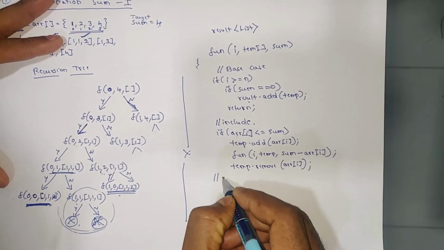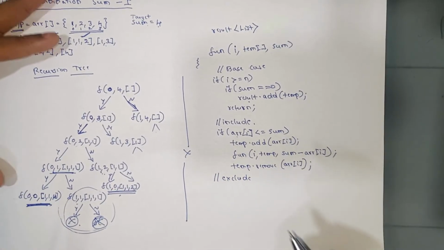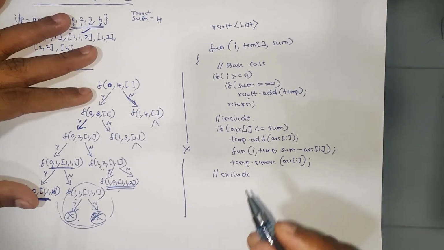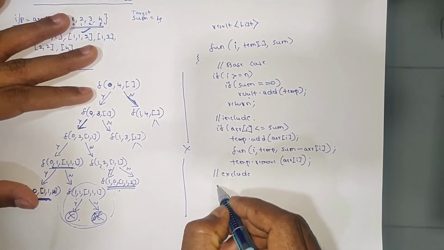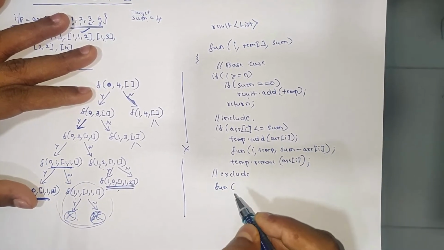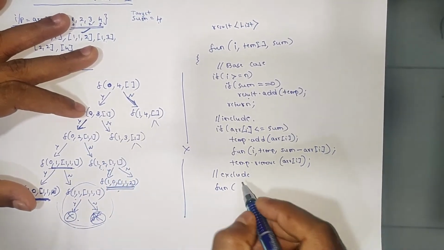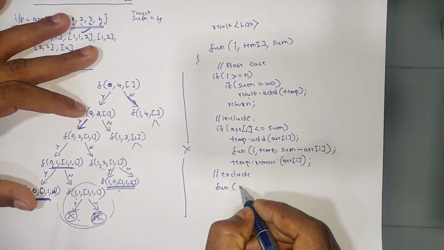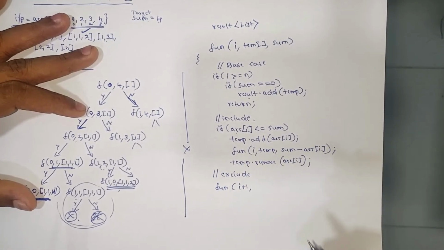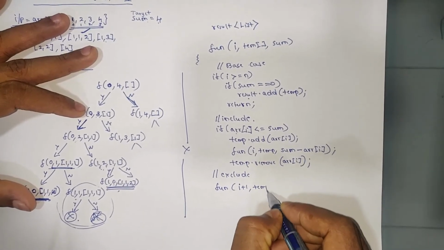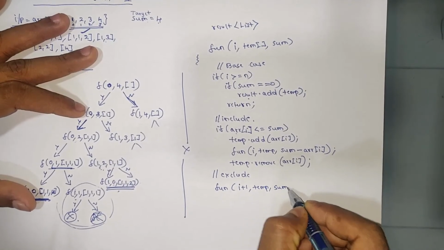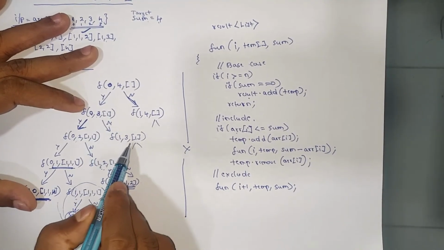Now what about exclude? We will call the recursion function here. In the case of exclude, as I mentioned, your index will be incremented, I plus 1. Temp will remain as it is. Sum will remain as it is, as I have mentioned.